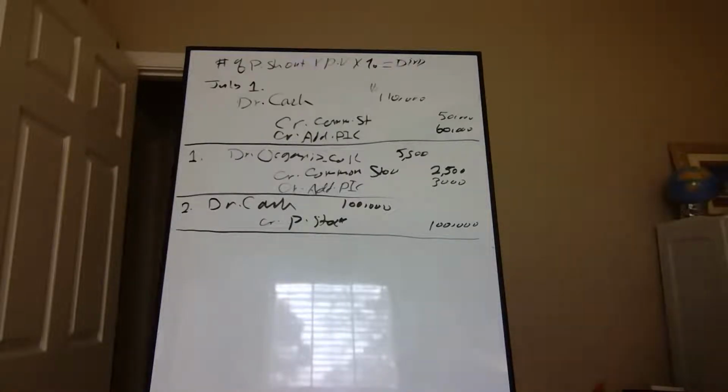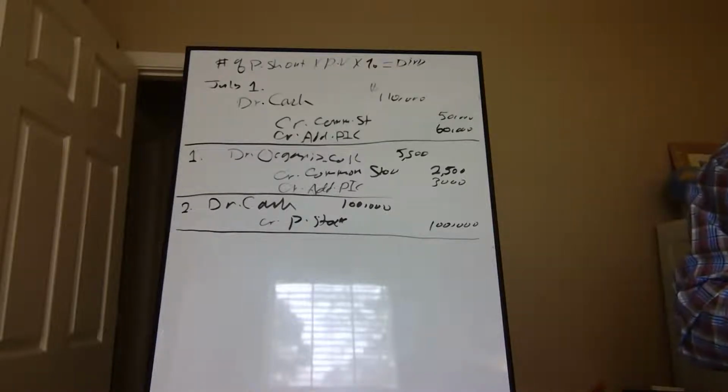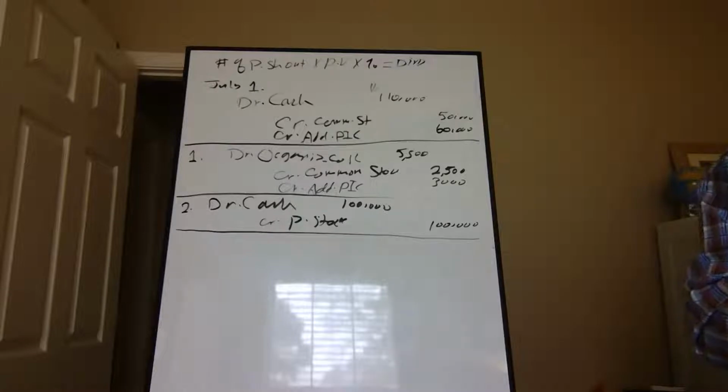Let me get the calculator. 2,500 shares times $12 is going to give us $30,000.